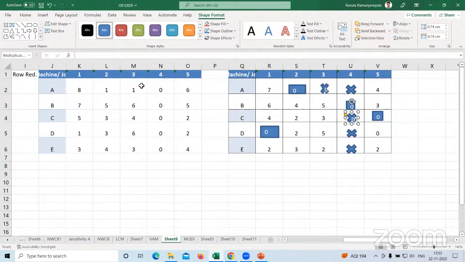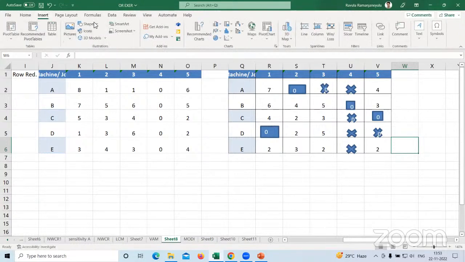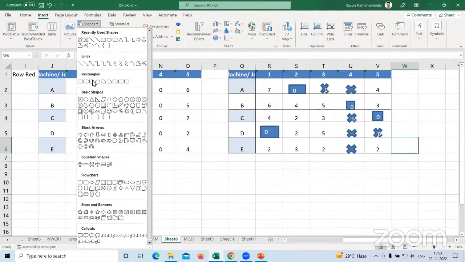These are all getting cancelled because of the allocations, right? Yes, sir. All these things you are getting in this way. So in the fifth row, we don't have the allocation. So what you do is you make a tick mark for this row, to show that this is not allocated.